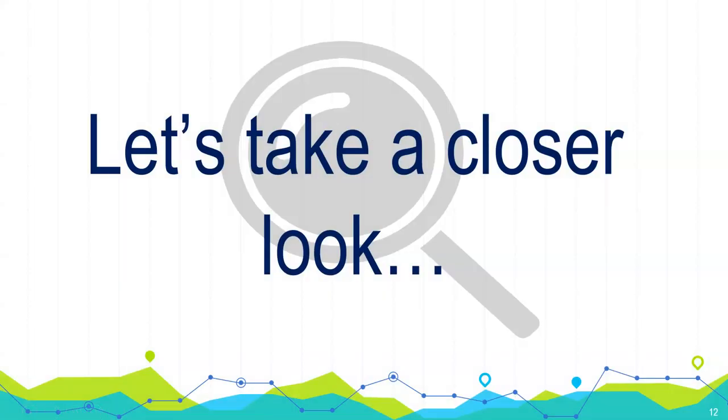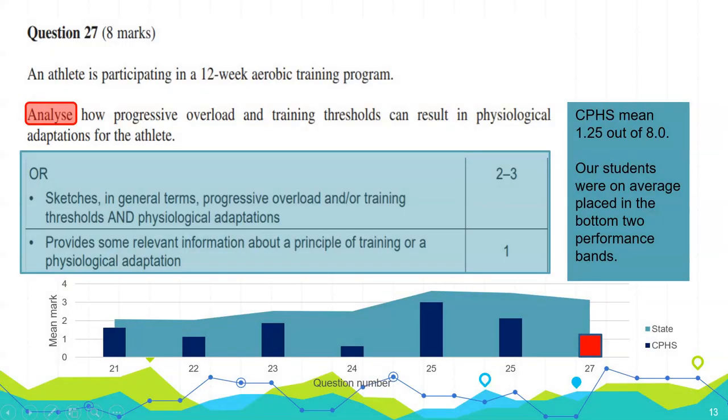So taking a closer look at this data. A detailed analysis of question 27, one of the questions that our students' results were the poorest, showed that most CPHS students placed in the 1 mark performance band. This shows that our students only provided some relevant information.